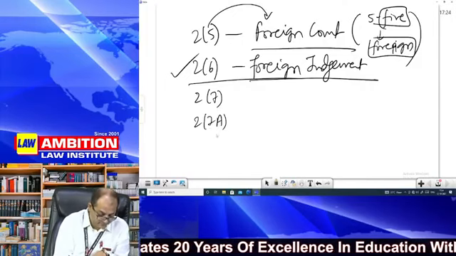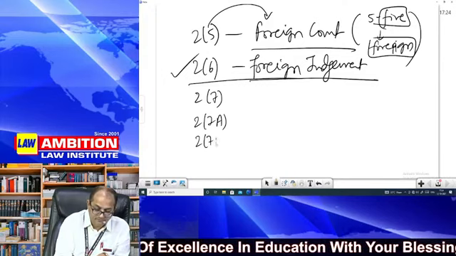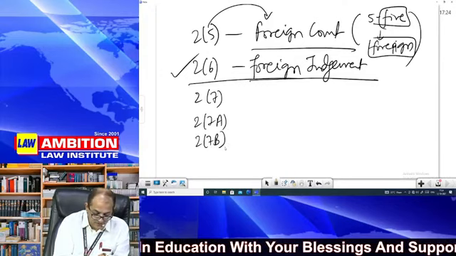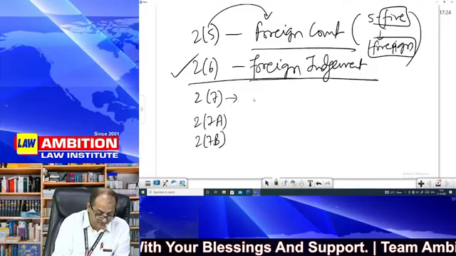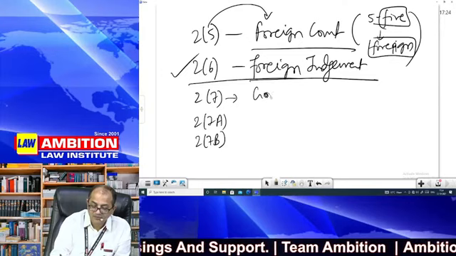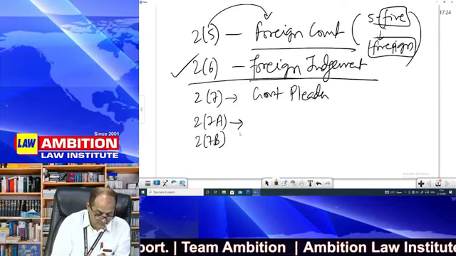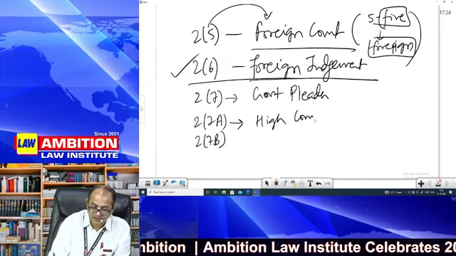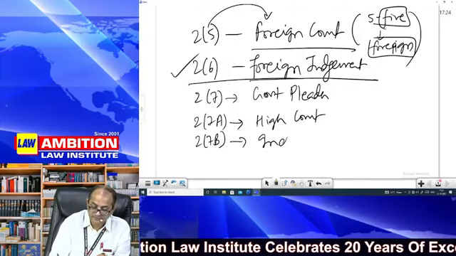But 2-7, 2-7A and 2-7B. Now here it is written excluding state of Jammu and Kashmir. Now you will have to see it carefully, because Jammu and Kashmir is integral part of India. So government pleader, 7A High Court and 7B India.